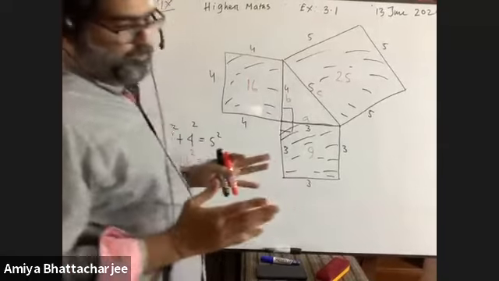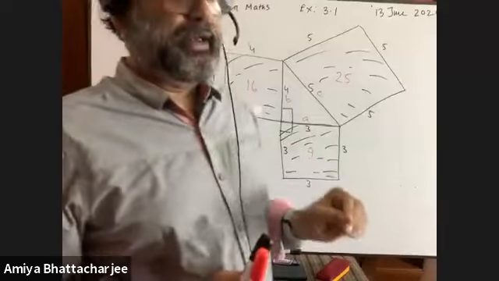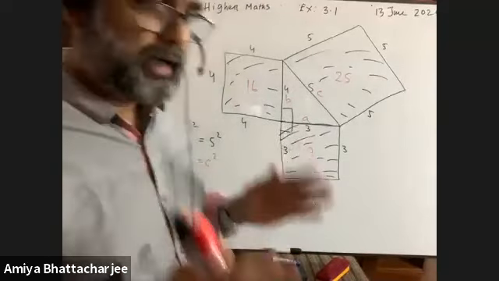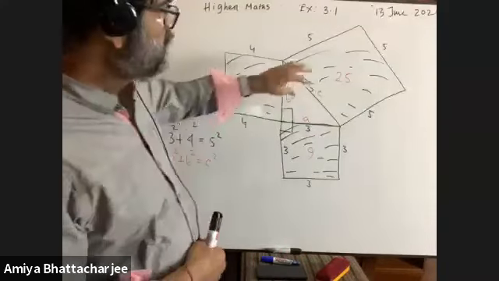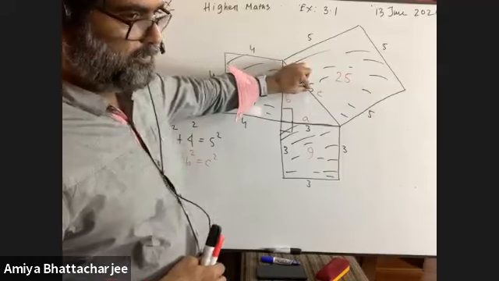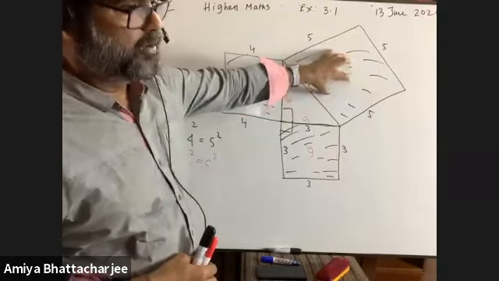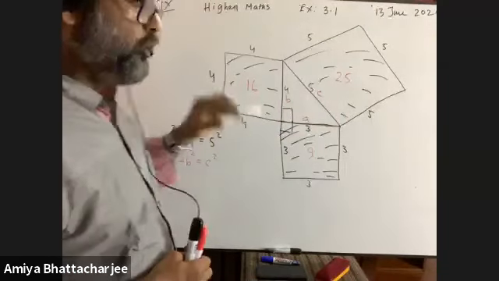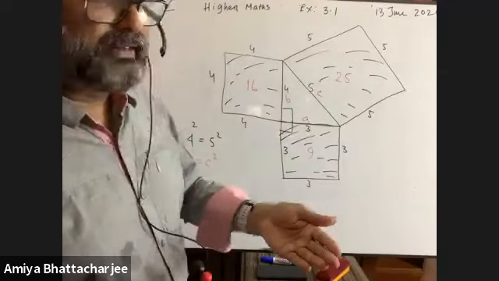What I told for Pythagoras theorem, in a right angle triangle, I repeat, in a right angle triangle, the square drawn on the hypotenuse, suppose this square, its area is 25, is equal to the sum of the squares drawn on other 2 sides.